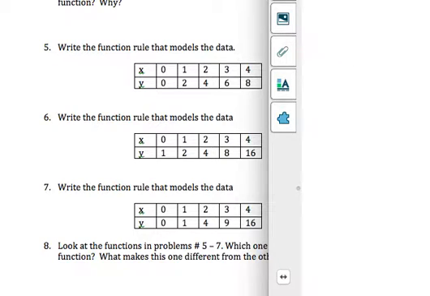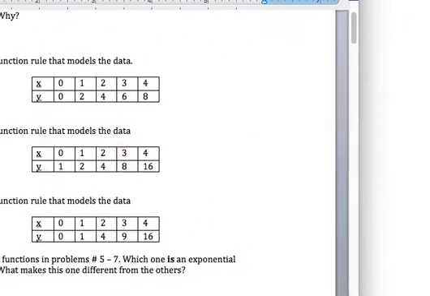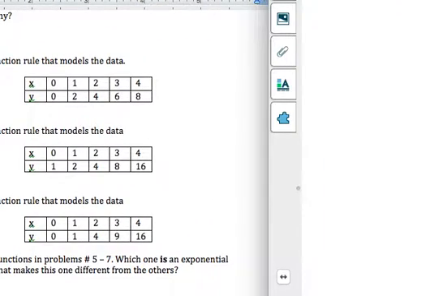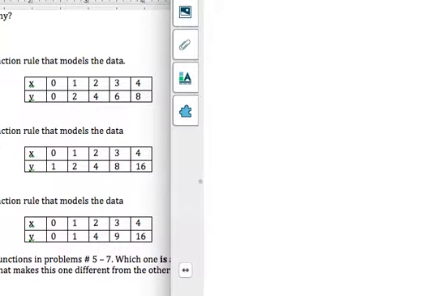let me just move this over a little bit so I can get it all on one page. So the function rule for this appears to be f of x, and we're thinking, is it mx plus b or a times b to the x?